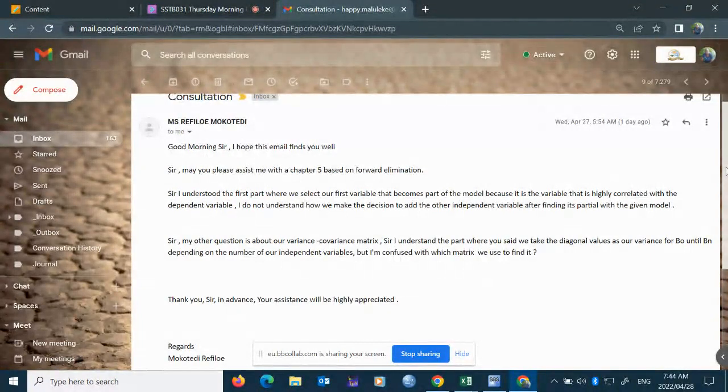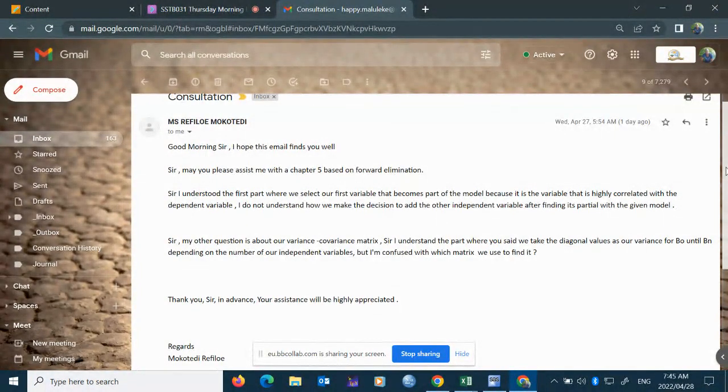She wants assistance with chapter 5, forward elimination. So I understood the first part where we select the first variable that becomes part of the model, because it's the variable that is highly correlated with the dependent variable. I do not understand how we make decisions to add the other independent variable after finding its partial F given the given model.